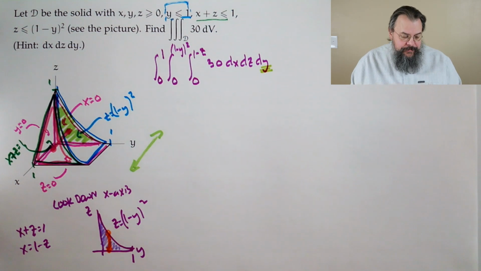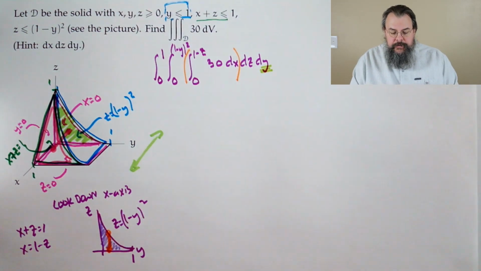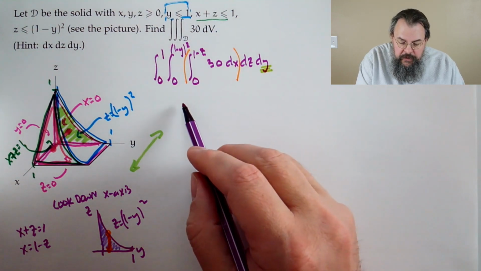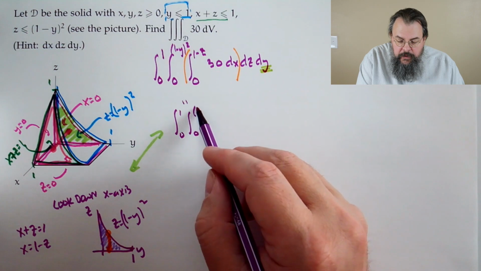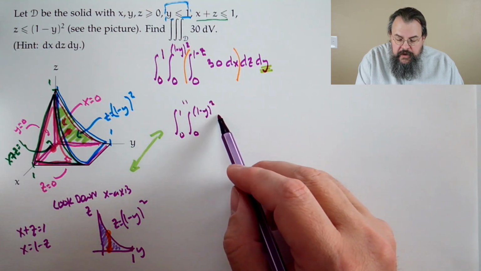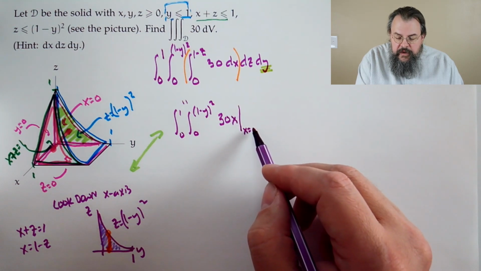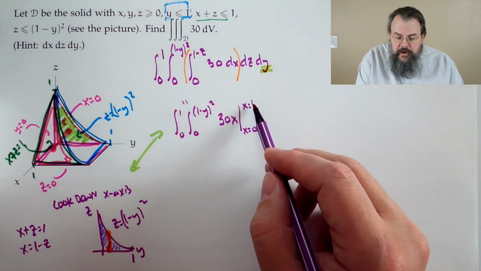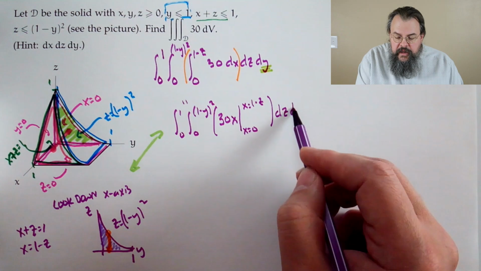All right, what can we do? Well, it's one layer at a time. So we'll start with the innermost layer. So we get that this will be equal to the integral from 0 to 1, integral from 0 to 1 minus y squared, of 30x, evaluated from x equals 0 to x equals 1 minus z, dz dy.